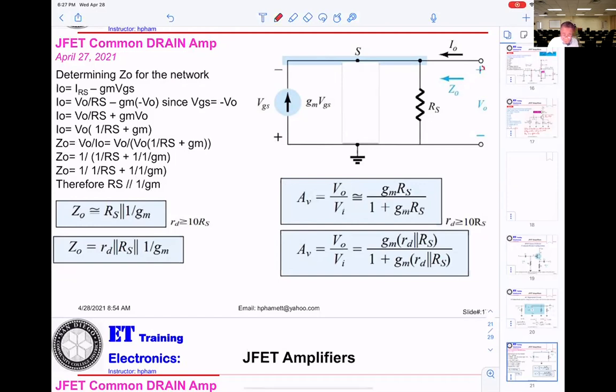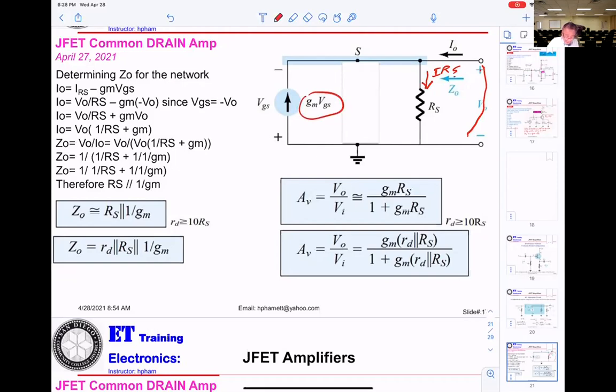This is the output here, okay? Then for the resistor current, IRS, the current will go this way. So basically, the current IL will be equal to this current and this current IRS.